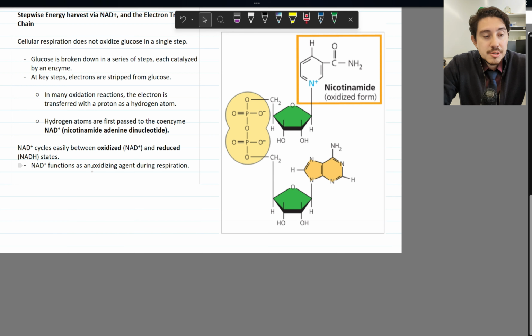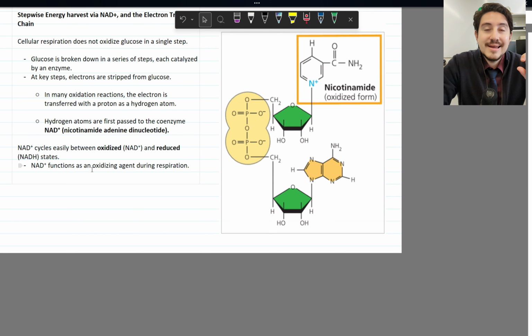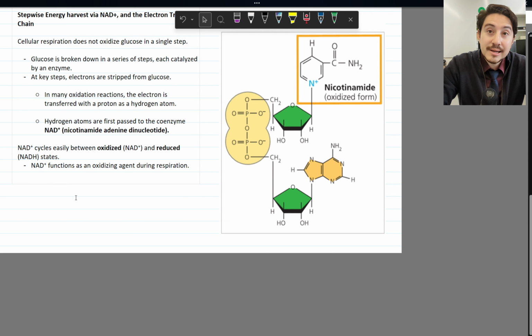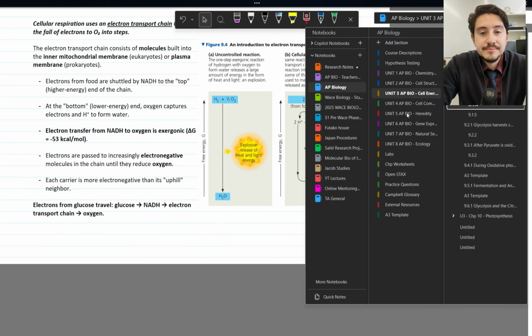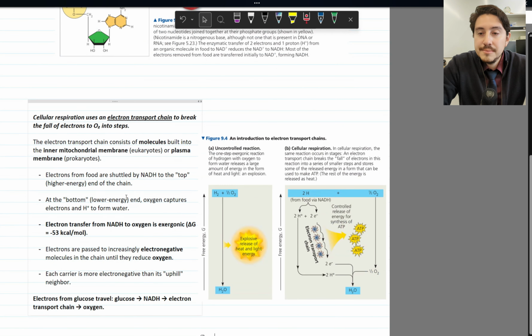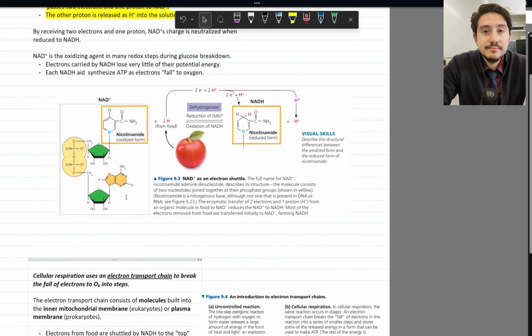Okay, so NAD plus functions, remember, as an oxidizing agent. It means it's going to pull and collect electrons and hydrogens from somewhere else to become reduced. Okay, let's continue here.